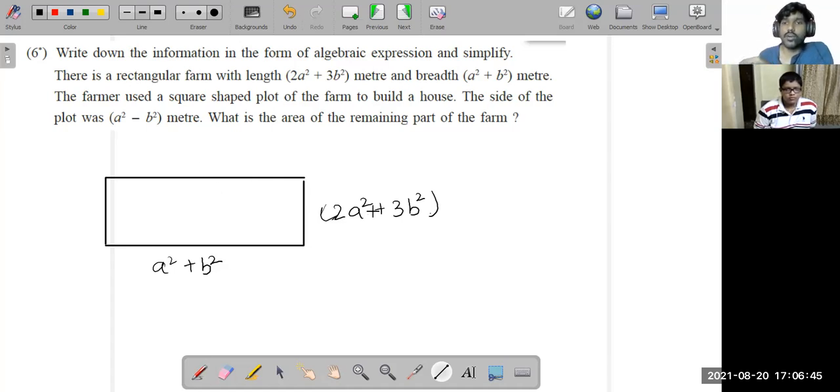Okay. Now, what is said in the question, that the farmer used a square shape.